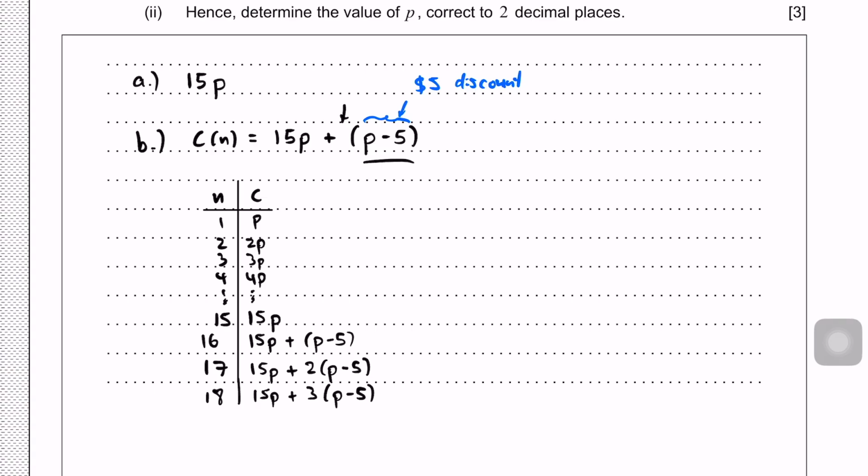It's not just n. Let's relate these values right here. If we want to buy just one more hat above our base of 15, we just have 1 above here. There's a 16th hat. If we buy 17 hats, we're buying 2 above the base. If we're buying 18 hats, we're buying 3 above the base.